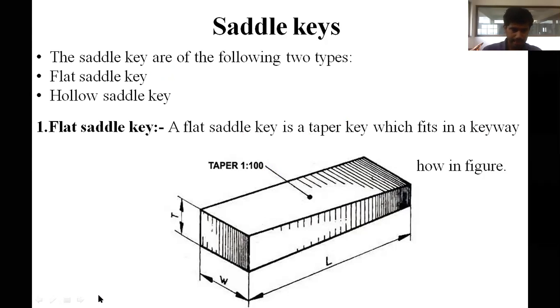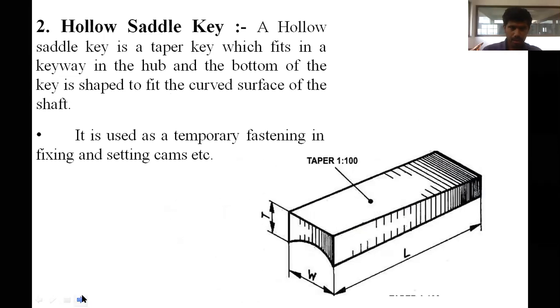So those are flat saddle keys. Next is hollow saddle keys. A hollow saddle key is also a taper key, which fits in the keyway in a hub, and the bottom of the keyway is shaped to fit the curved surface of the shaft.